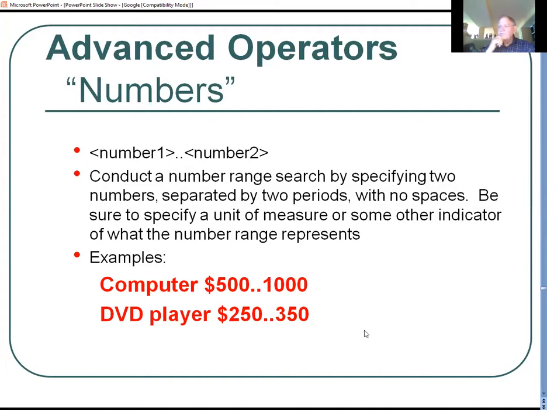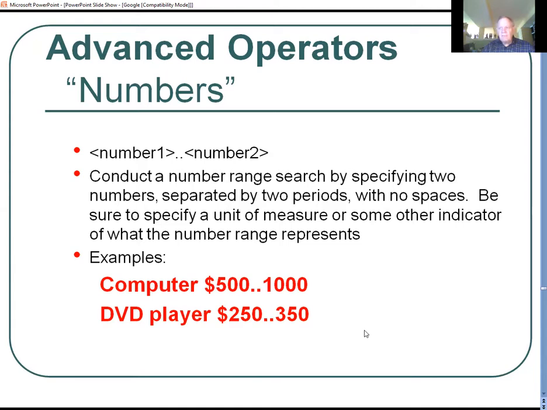Numbers. If you use numbers and you put in an example, computer 500 period period 1000, it will find text in websites that have those numbers. Now, if somebody is selling a computer and they want $499 to 1000, it won't find it because it's saying 500.